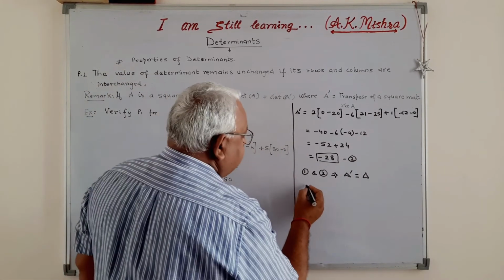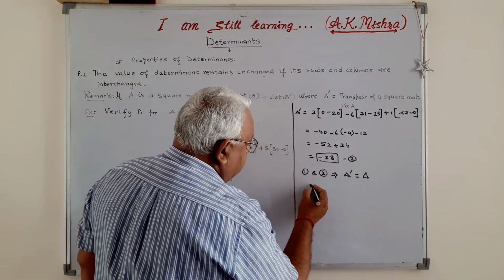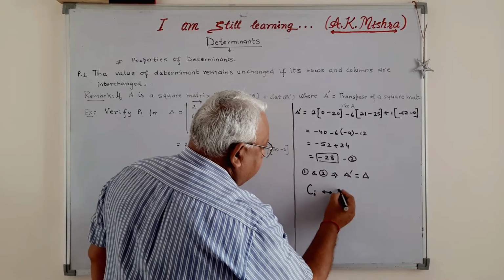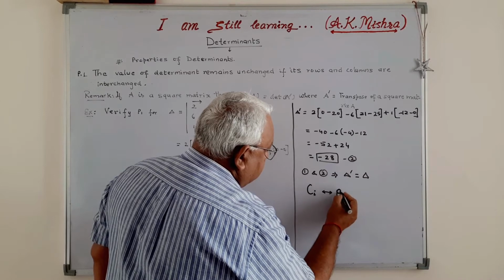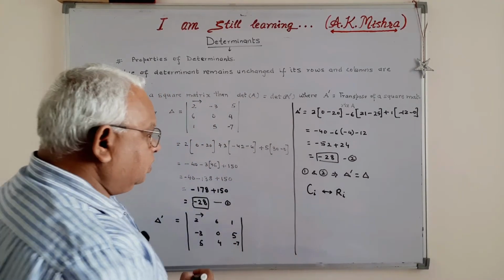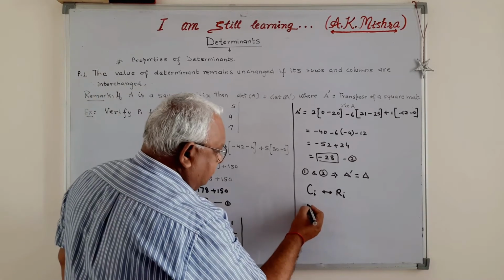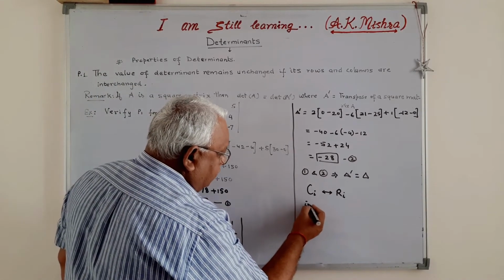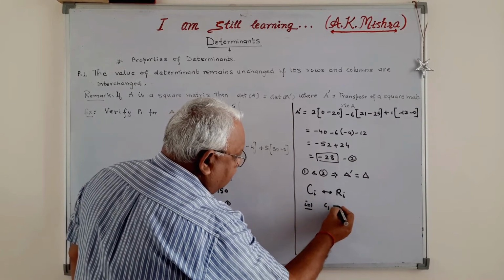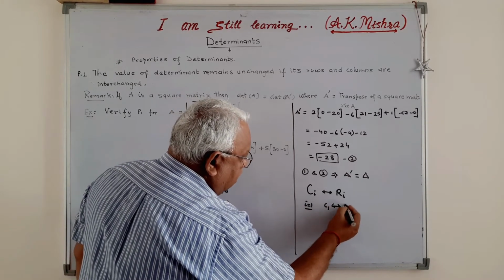Here the operation which we are using, we can write as Ci interchanging with Ri, where i stands for the ith row. So if i is equal to 1, that means C1 is interchanging with R1.